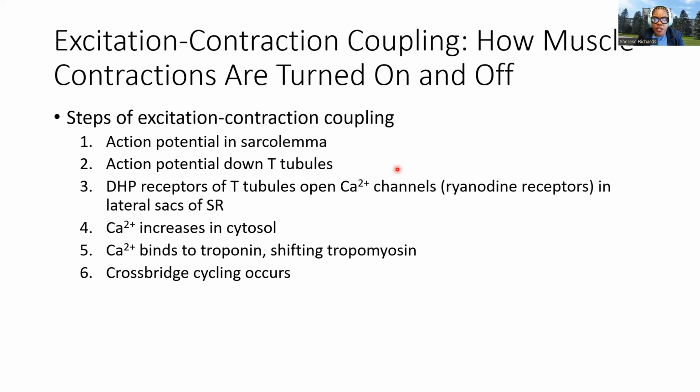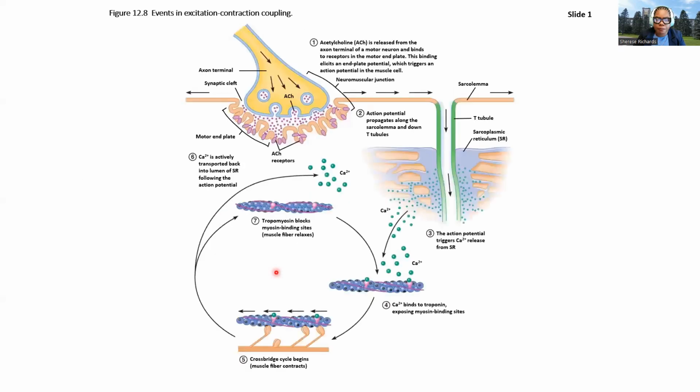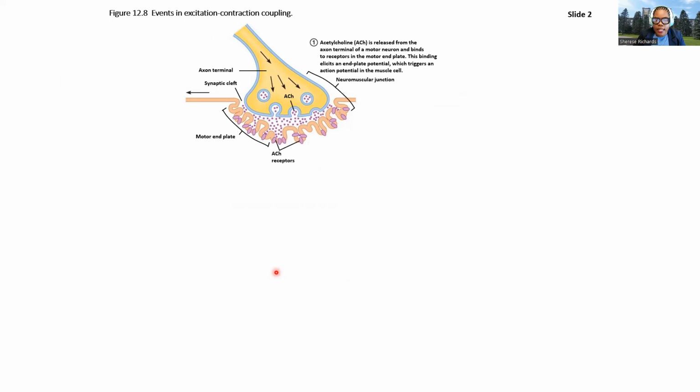The DHP receptor is going to open up a calcium channel, which is also coupled to that receptor. And the ryanodine receptor is also acting as a channel. These two work together to result in calcium being released from the lateral sacs of the sarcoplasmic reticulum. Now this calcium can flood the cytosol, regulate the actin filaments, and result in cross-bridge cycling.